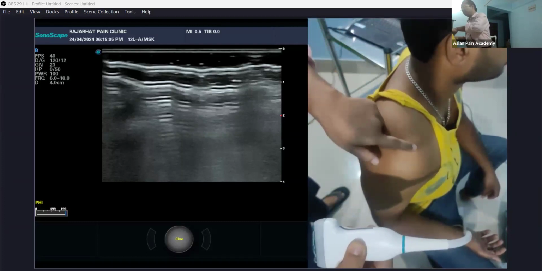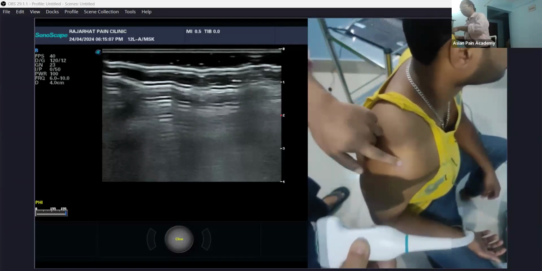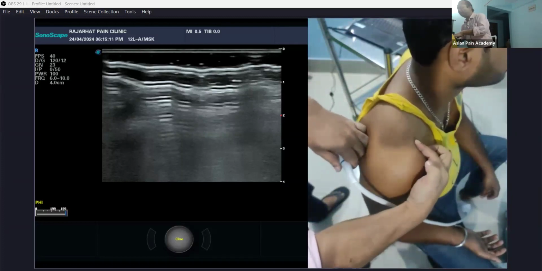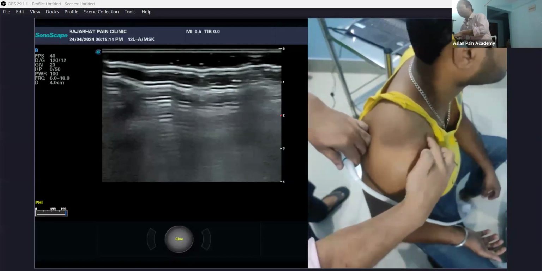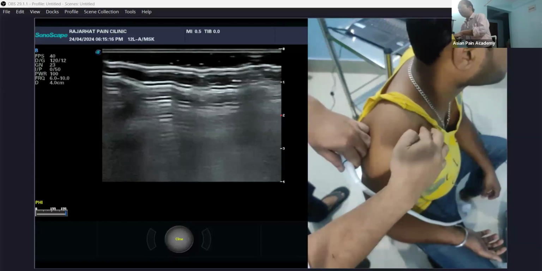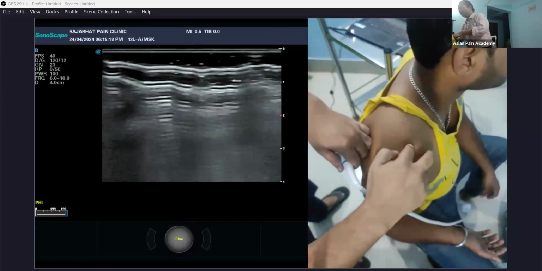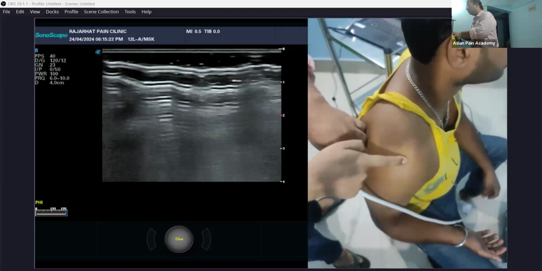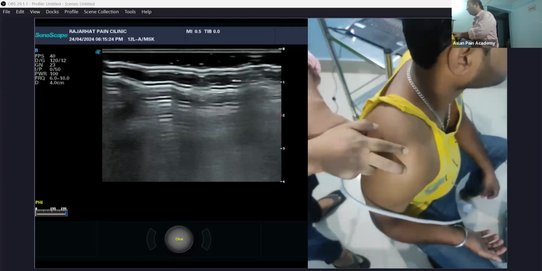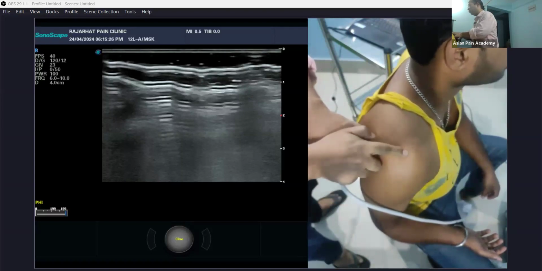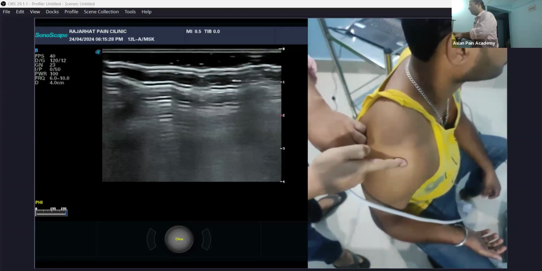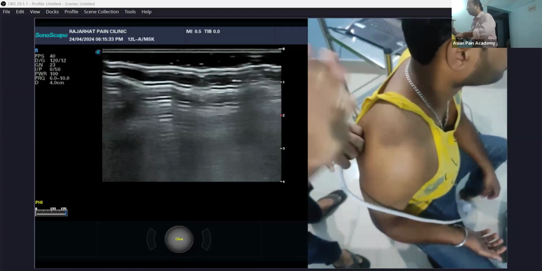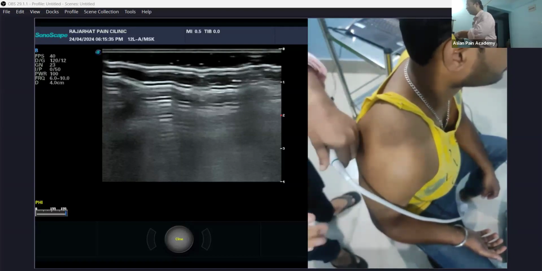If we start from the clavicle and go like this, at some point we find the acromioclavicular joint. This is the edge of the acromion, and this is the acromioclavicular joint. So this much we can understand just by palpating.